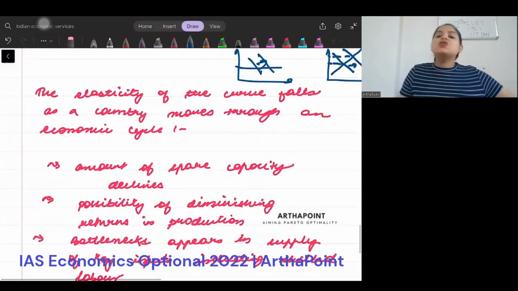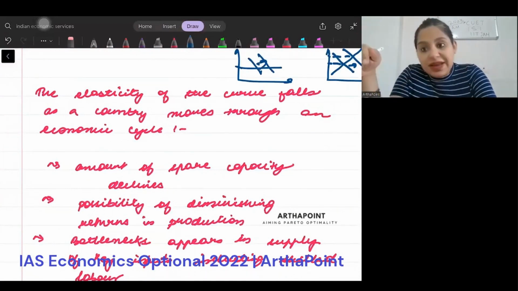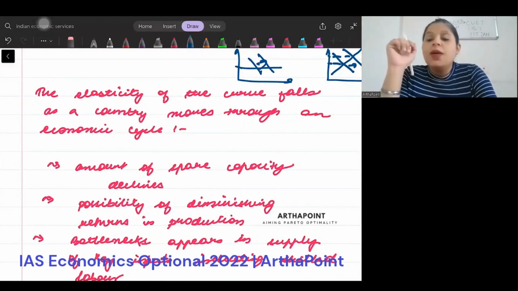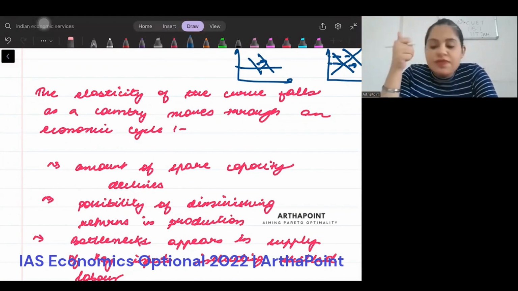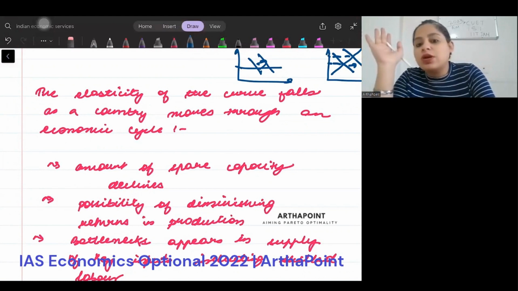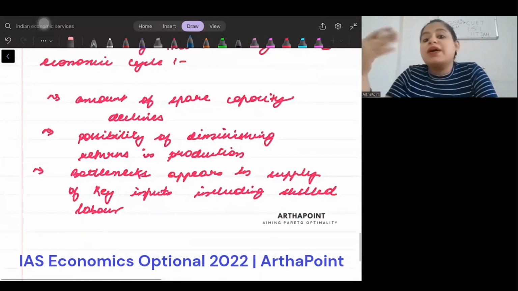So the elasticity of the curve can keep changing from perfectly elastic to something in between to perfectly inelastic. What determines this? Which period I am in, whether I'm in the short run period or the long run period. The amount of spare capacity, kitna excess labor market mein available hai?